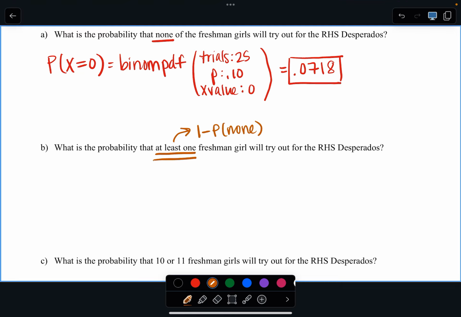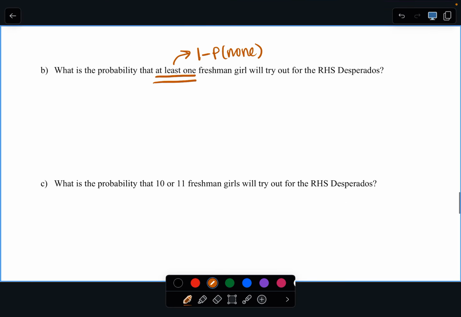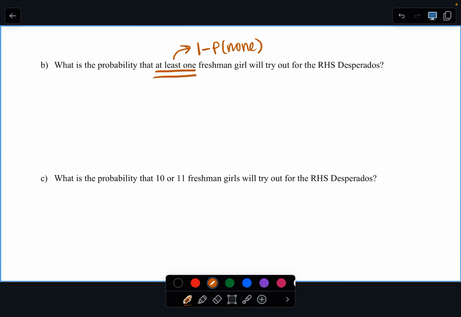Because think of all of those combinations from the first example. If I wanted 15 successes, there's 3 million possibilities, and that's just for 15 alone. At least one is 1, 2, 3, 4, 5, all the way up to all 25 trying out. So you don't want to feasibly have to sit there and think about all of those possibilities.